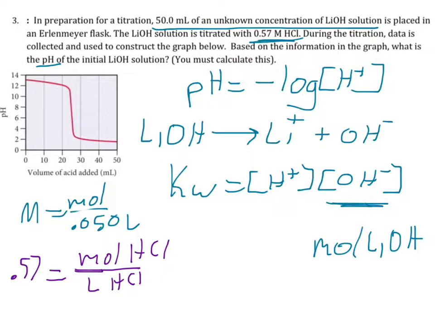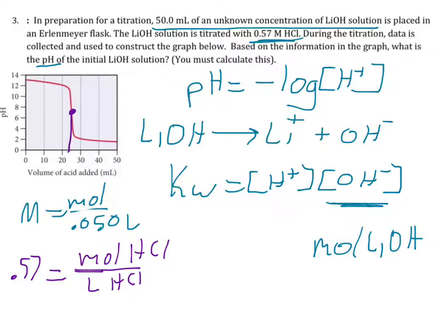Well, if you take a look here, we're given this graph, and we can determine the liters from the graph. The equivalence point tells us the point at which the solution is neutralized, and this occurs at 25 milliliters.